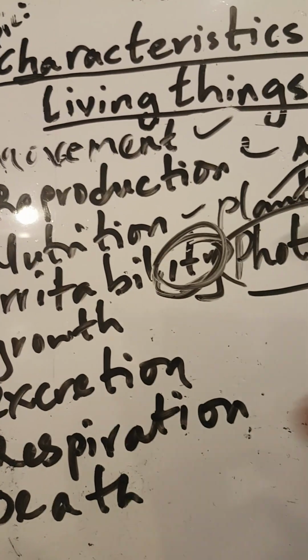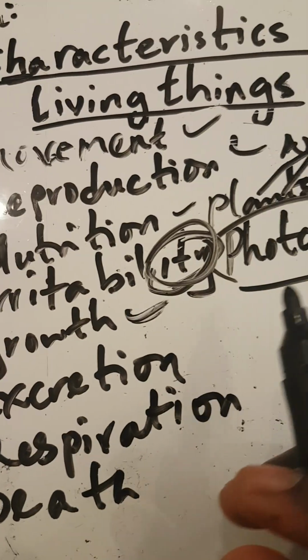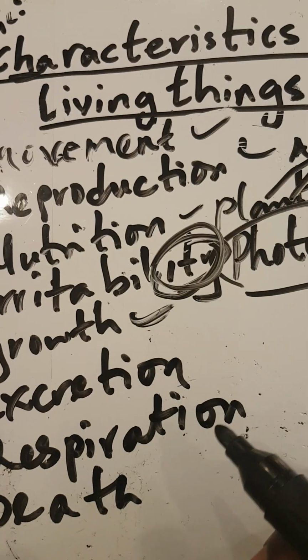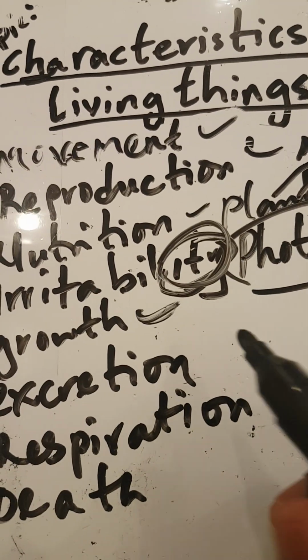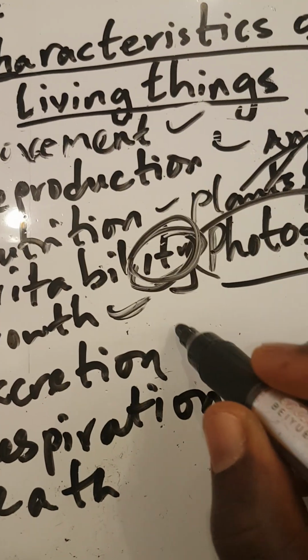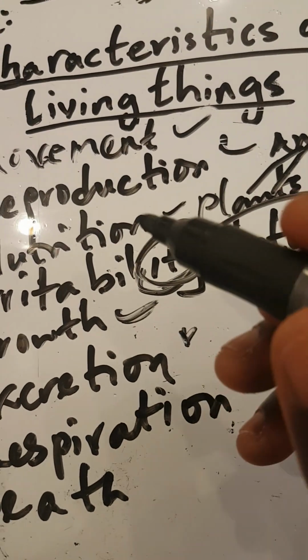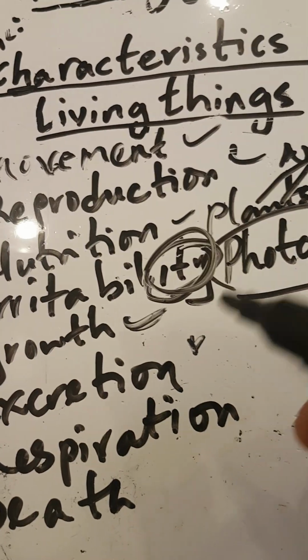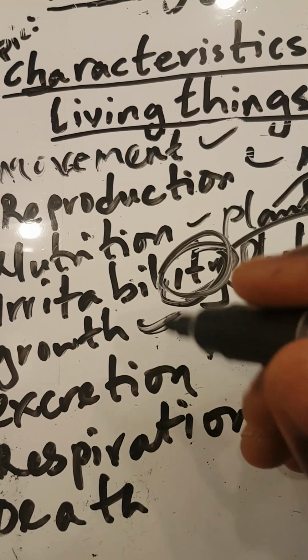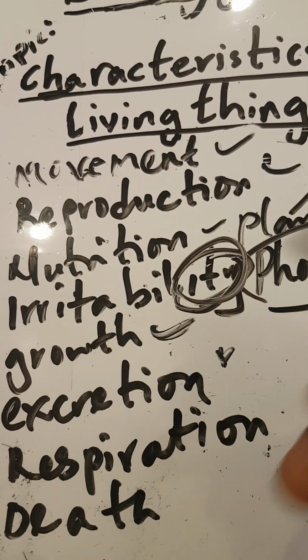Growth is another characteristic of living things. Every living thing that does not die, as long as it's still alive, it grows. It grows from certain stages. Animals grow, just like after giving birth to a newborn baby, it begins to learn how to sit, learn how to crawl before walking, then running.